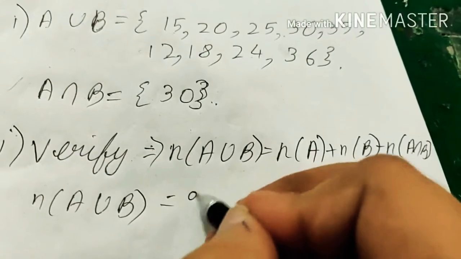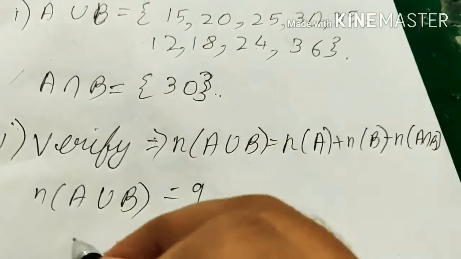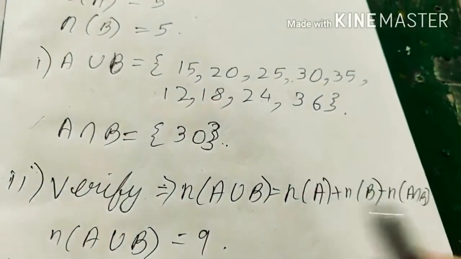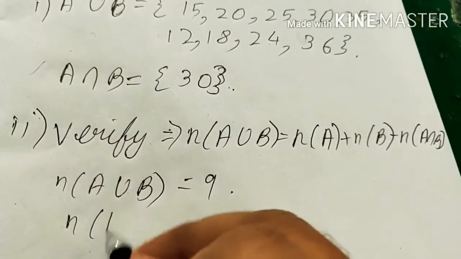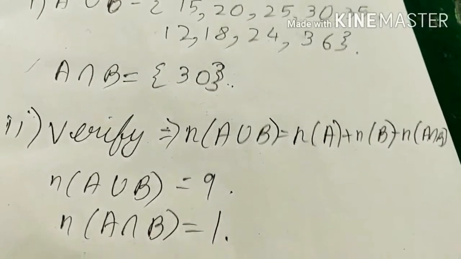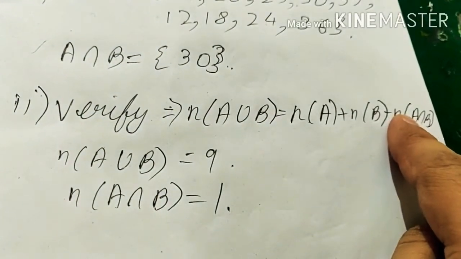It is 9. n of A is 5, n of B is 5, and n of A intersection B is 1. We have to verify this.